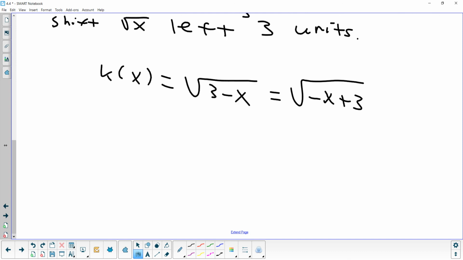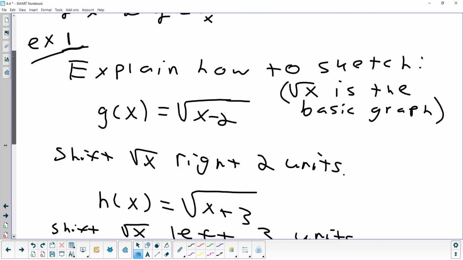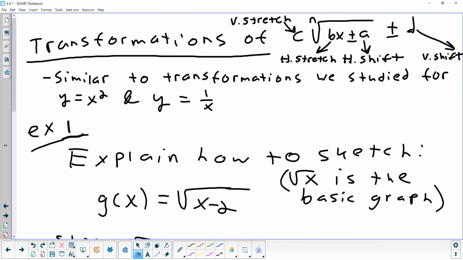Now there's two transformations happening here. What would I have to do first to change that into that? Jack, what's the first transformation you would do? Horizontal shrink. Can you say that again? A horizontal shrink. So you're saying we have a number there for B? Because that's your horizontal stretch or shrinking?